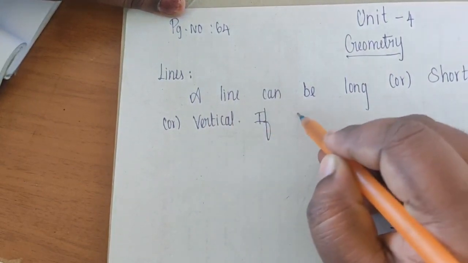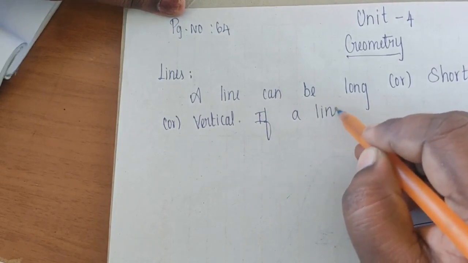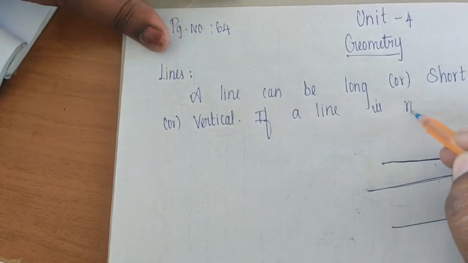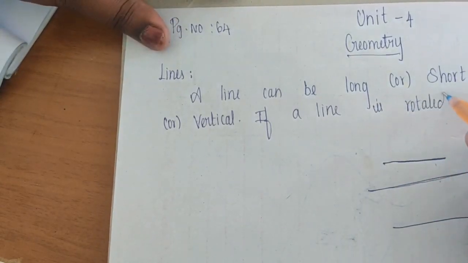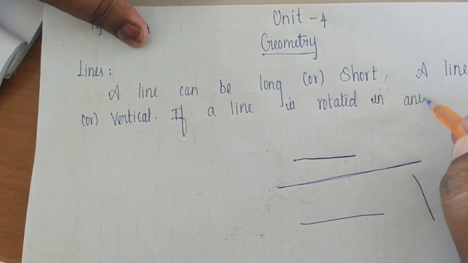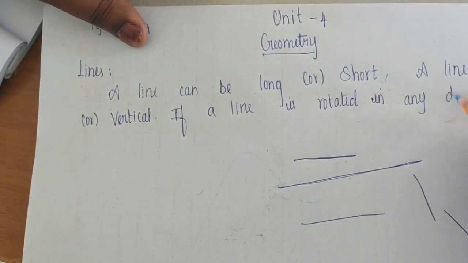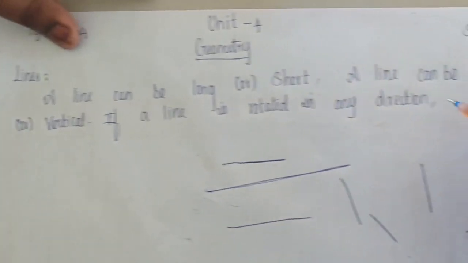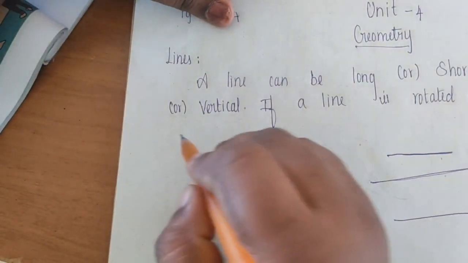If a line is rotated in any direction, it remains a line.